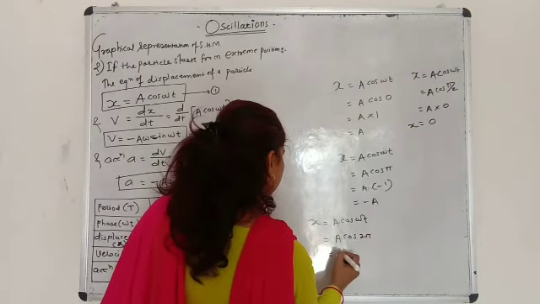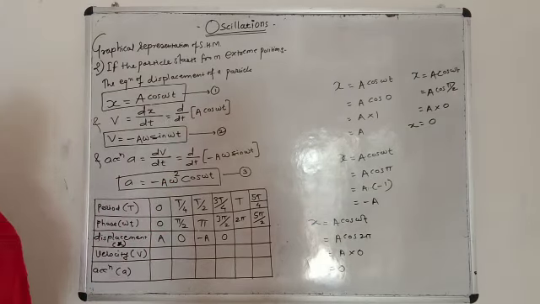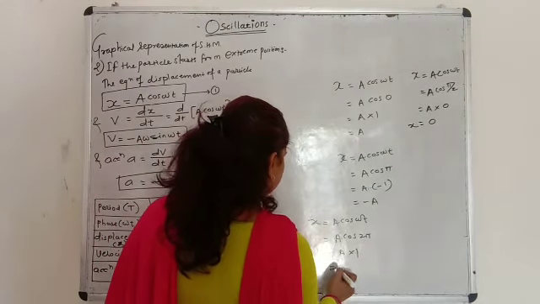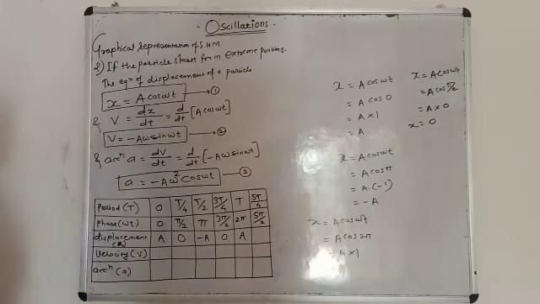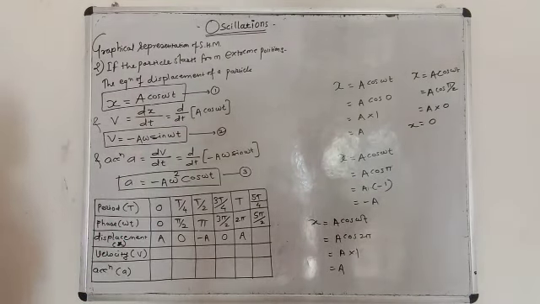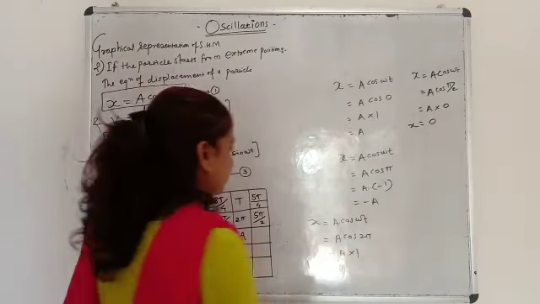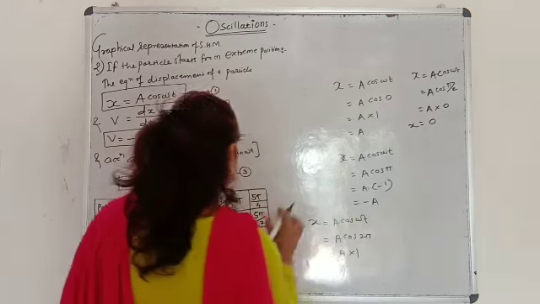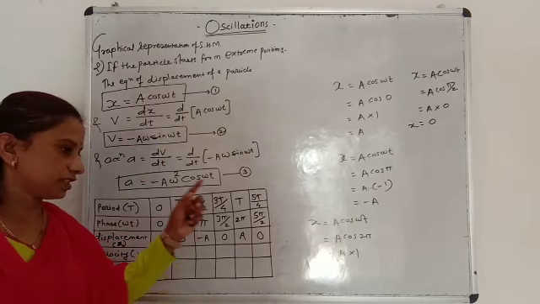Sorry, here cos 2 pi is 1. So here we put 1 into a. This becomes a here. Now what is cos 5 pi by 2? Cos 5 pi by 2 is 0 here. So a into cos 5 pi by 2, this is 0, 0 multiplied by a, it becomes 0. These are the values of displacement here.